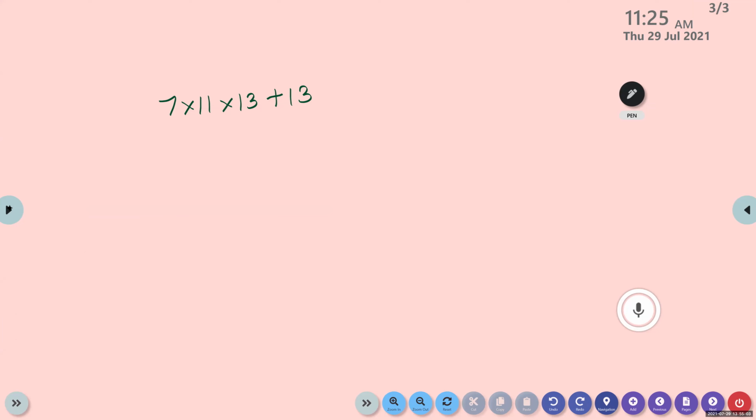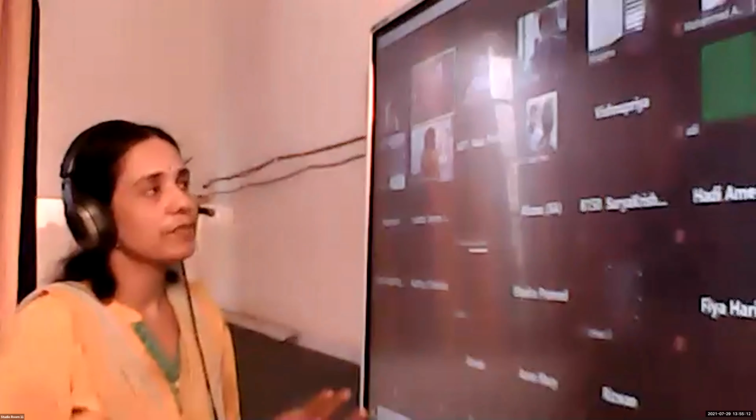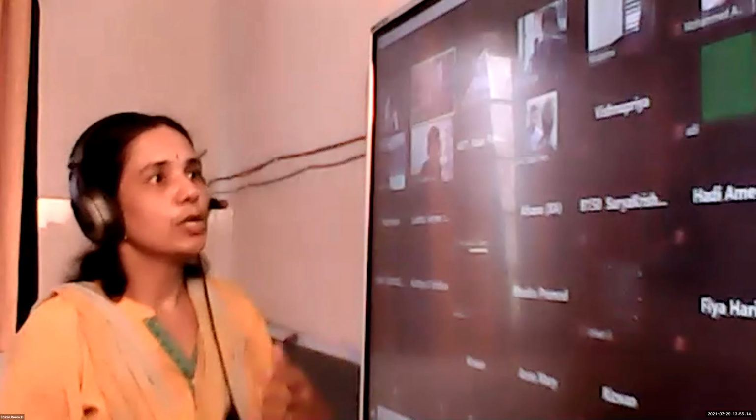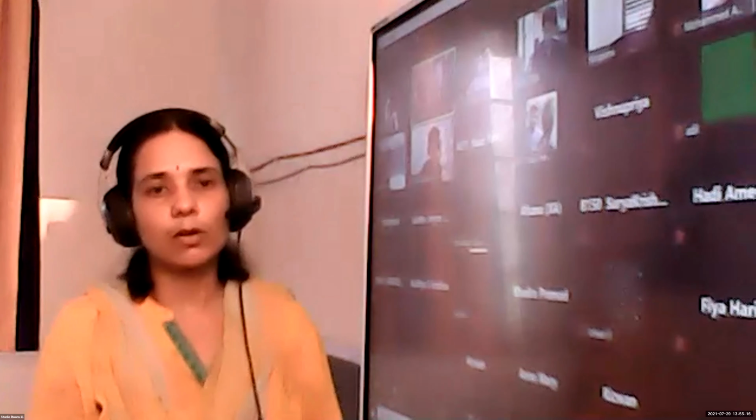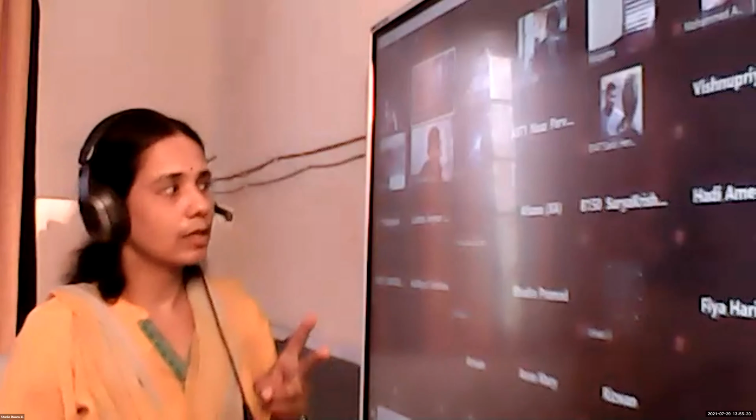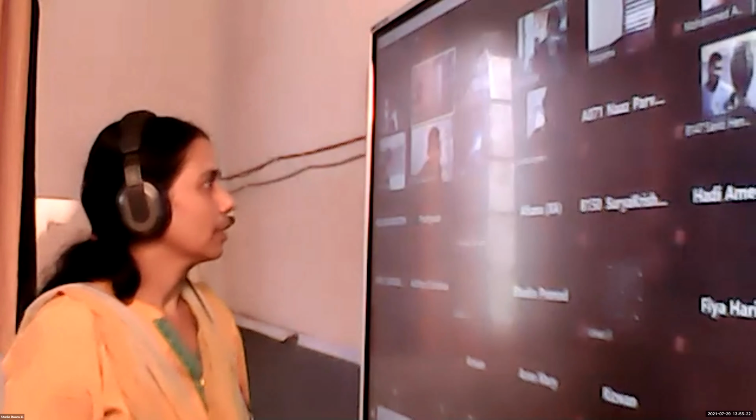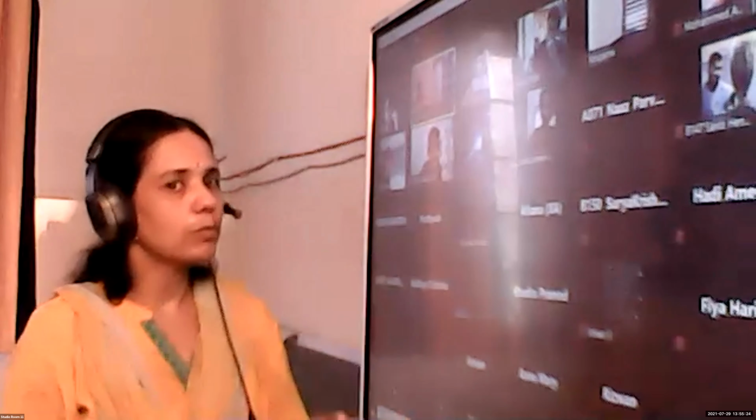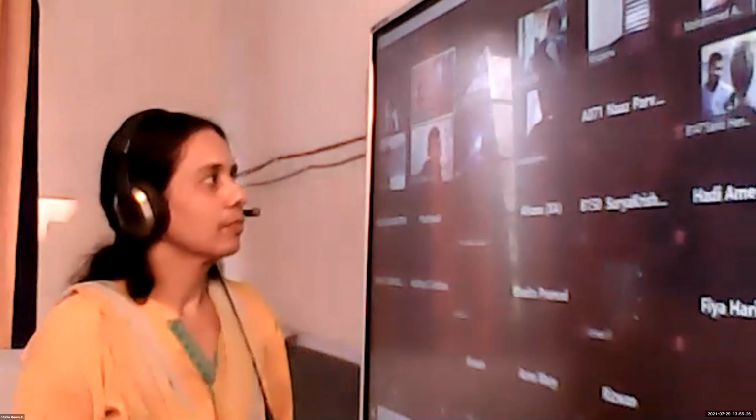Ma'am, so we can simply do the calculation and find the number, right? Instead of that, what is the definition we have learned? How will you understand the given number is composite? More than 2 factors are there. So we have to check whether it has more than 2 factors.